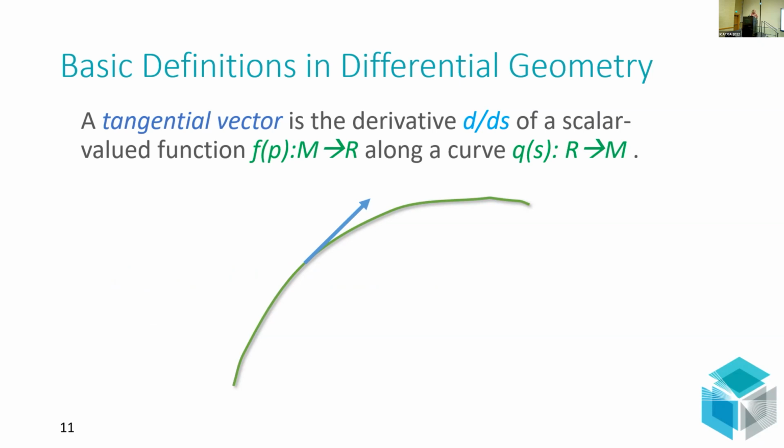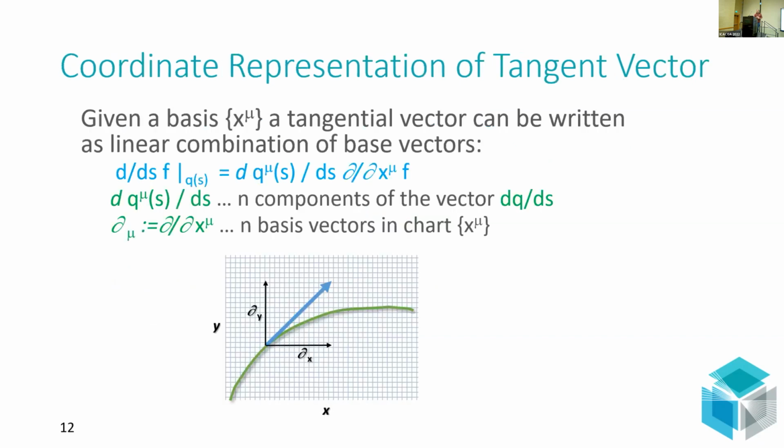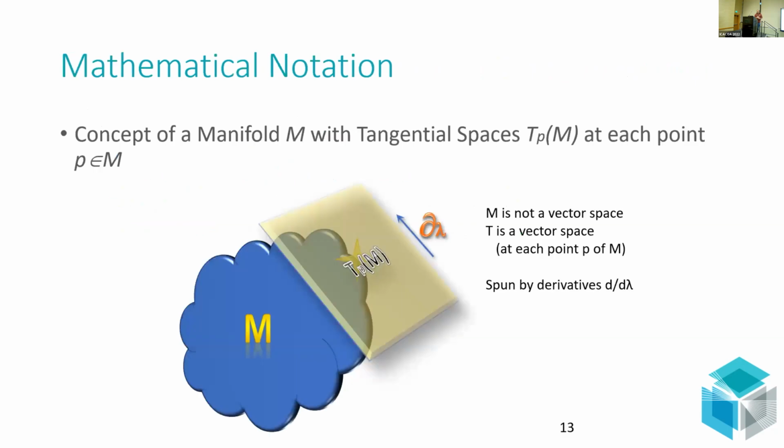The change of the points along the curve is what defines a tangential vector in differential geometry. It can be written in coordinates. We don't want to use coordinates, but everything can be represented in coordinates. When written, the tangential vector in coordinates is a linear combination of the basis elements, and the basis vectors are the derivatives by the coordinate directions.